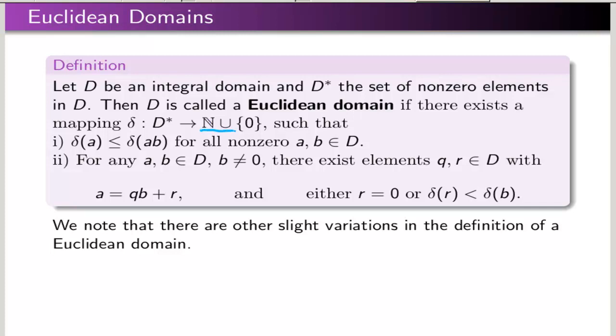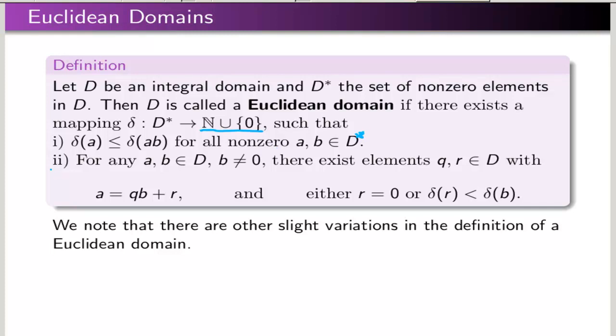So that's the natural numbers together with 0, the non-negative integers, such that two properties hold. First of all, delta of A is less than or equal to delta of A times B for all non-zero elements A, B in the domain, that is, in D star. Well, they're non-zero elements, so that would be redundant.